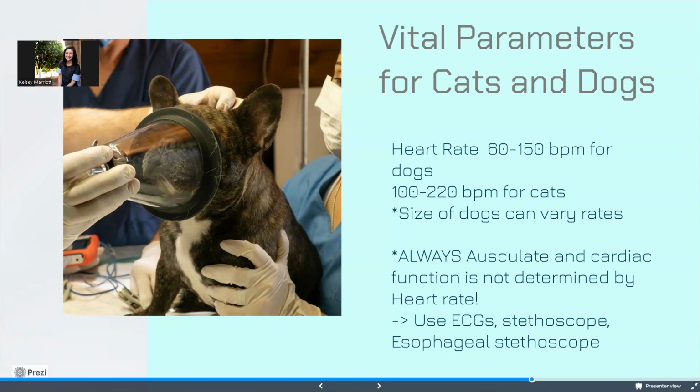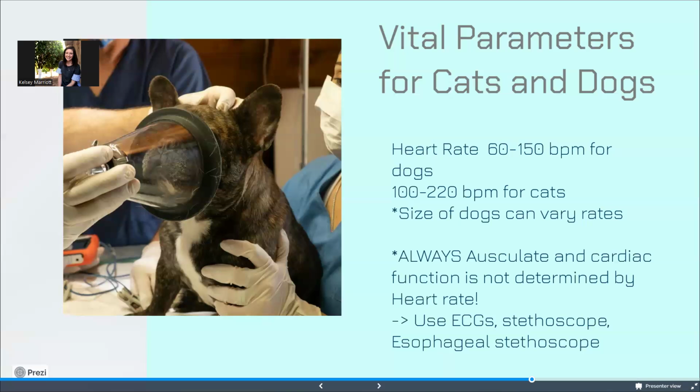When we take our heart rate, we always want to make sure we auscultate because we don't want to always rely on the ECG. There could be some artifact, or it could be double counting, like in our cat patients. We can see that a lot, where the ECG is reading like 350 beats per minute, and that's not the case.